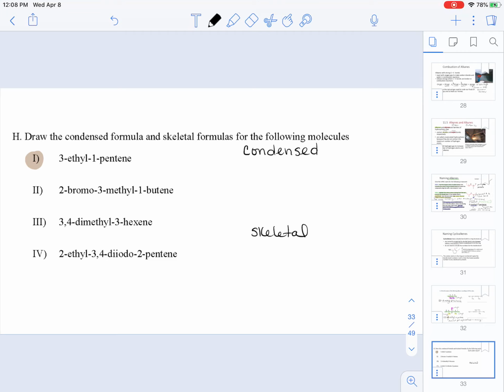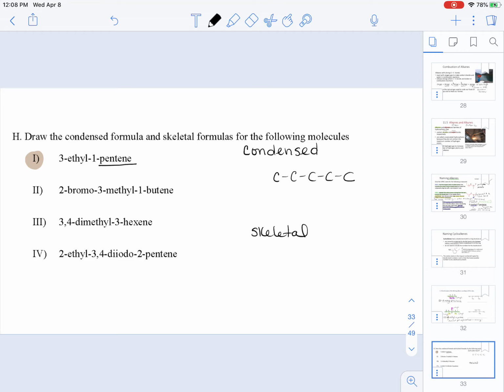First, you always start building condensed or skeletal from the last word towards the first word. If we look at the name, we have pentene. Because of that prefix pent, I know that there are 5 carbons, so I'm going to write 5 carbons in a row.